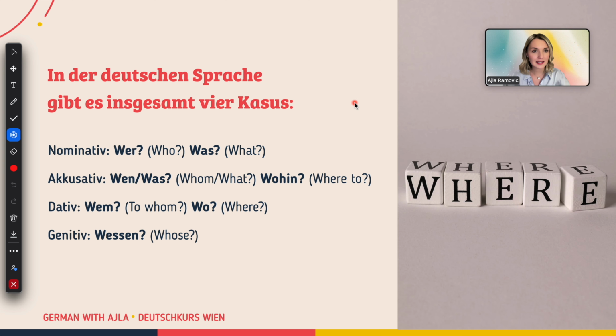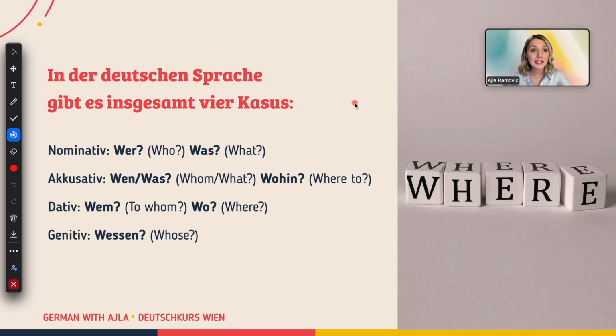Imagine it like this. A case is giving us additional important information about a word, about a noun or pronoun. So it is telling us if, for example, a noun is doing something in the sentence, or if this noun is just receiving the activity in the sentence.